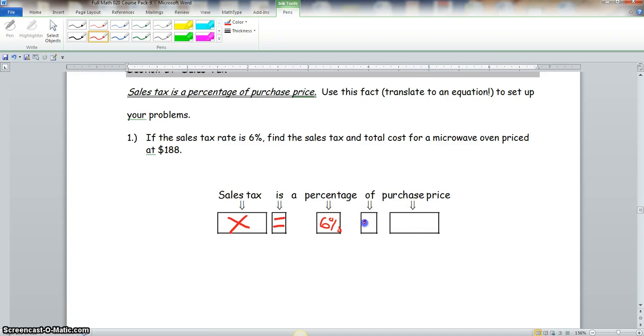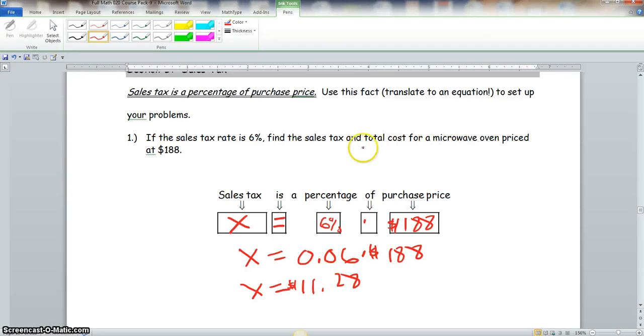And the purchase price is $188. So we have X is equal to 6%, which is 0.06, times $188. Now we want to find the sales tax. So we would take this 0.06 times $188. And that gives us $11.28.